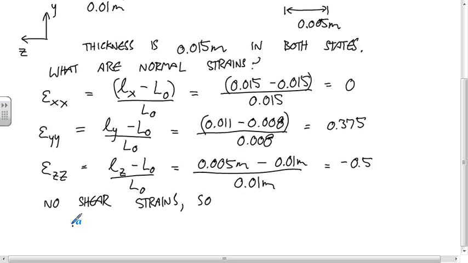So the Voigt strain is equal to 0.375, negative 0.5, and then 0, 0, 0. Sorry, that's so small. Okay.